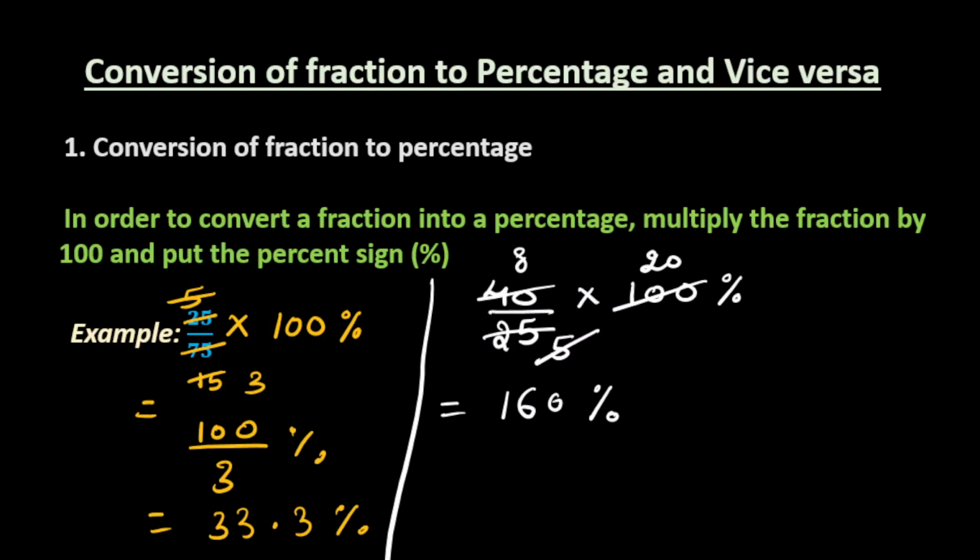So 160%. Remember, multiply by 100 and write the percent sign. This is how we convert a fraction into a percentage. One question for you: convert the fraction 3 by 4 into a percent and post your answer in the comments.